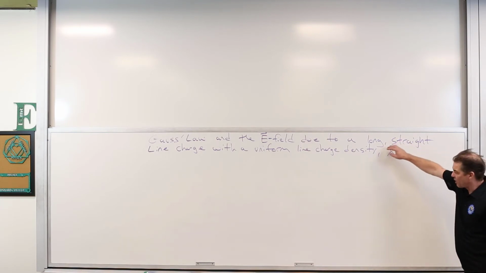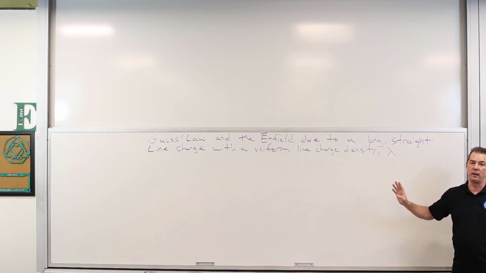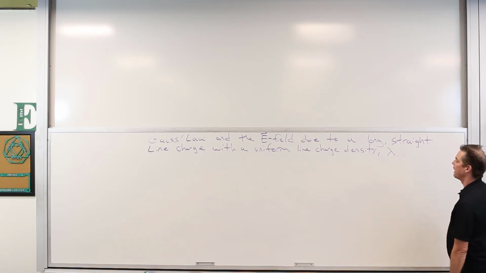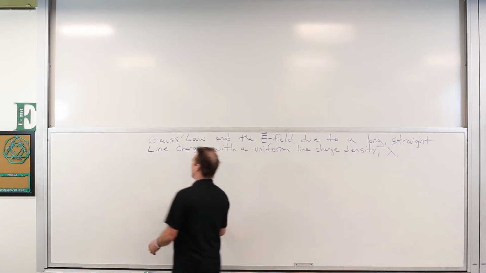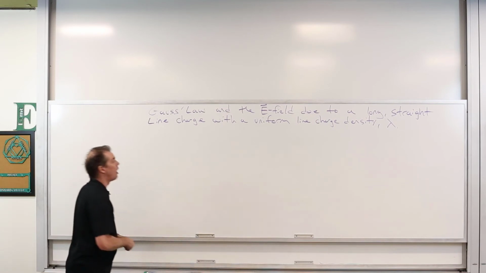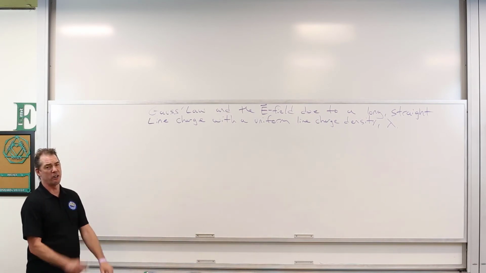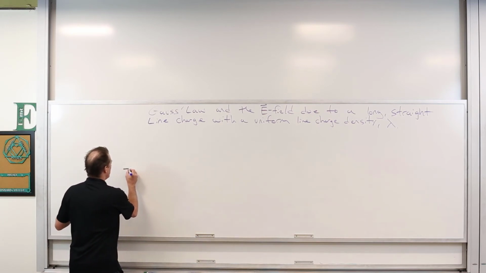We can consider it to be long, so we're going to use the infinite approximation here, which is necessary in order to make some conclusions utilizing Gauss's law. So we take an infinitely long line charge with a uniform line charge density lambda. Say long straight, and we'll get to that.